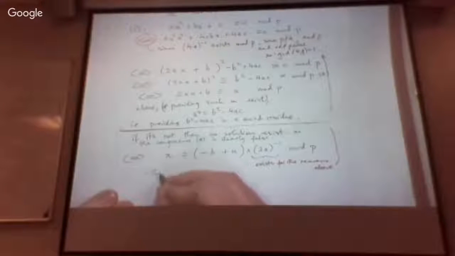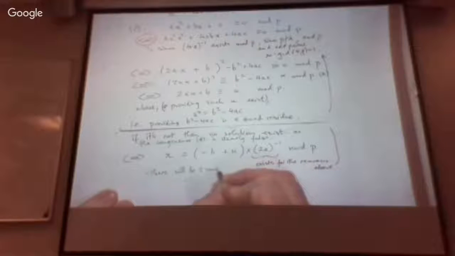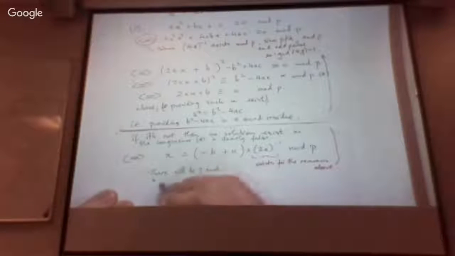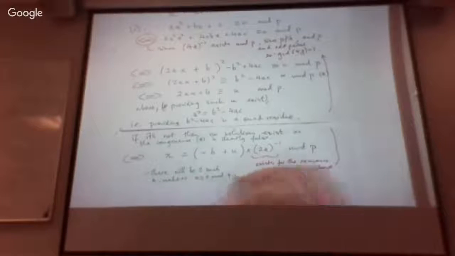So you can put in a comment: there will be two such u, unless u is congruent to 0 mod p, in which case there's only going to be one.